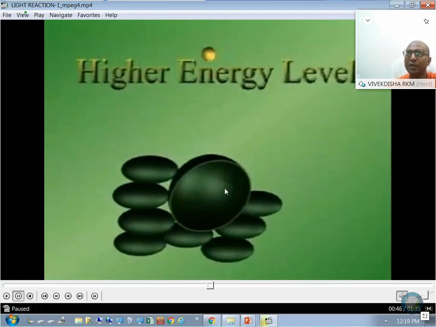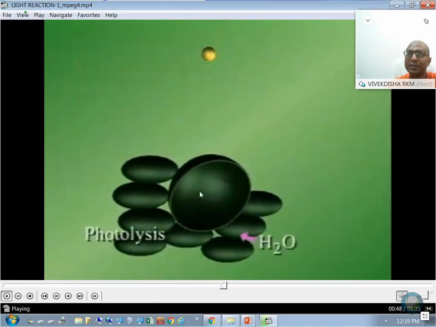So this chlorophyll becomes positively charged. But the chlorophyll doesn't like to be positively charged all the while. Then how to get the electrons? Who can supply electrons to this positively charged chlorophyll? Generally, it is supplied by the water present in the cell.